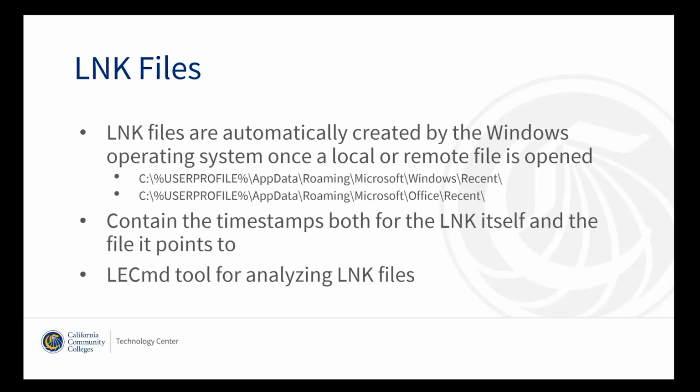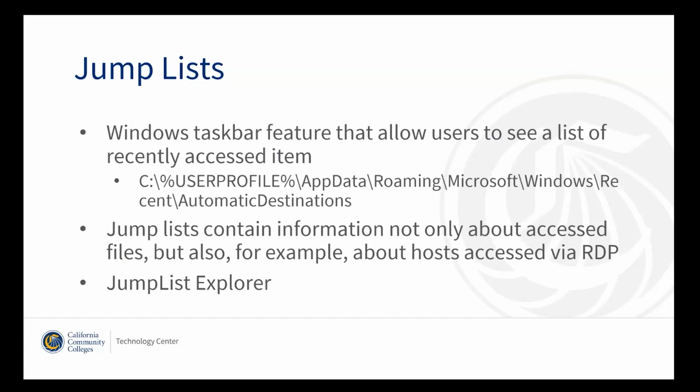Those are basically the locations of these particular file types. Next, jump lists allow users to see lists of recently accessed items. Jump lists will show you recently accessed files, and also hosts that were recently accessed by RDP, so where did this host RDP to?